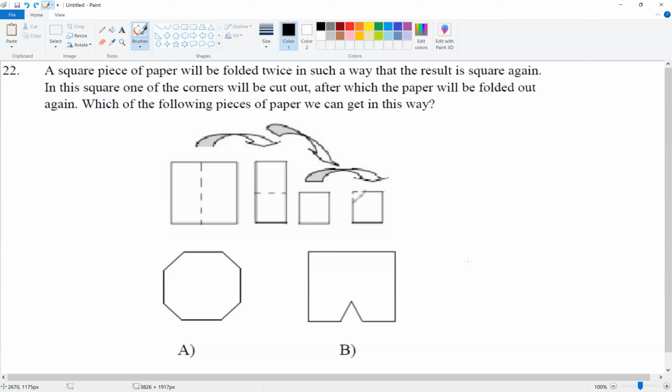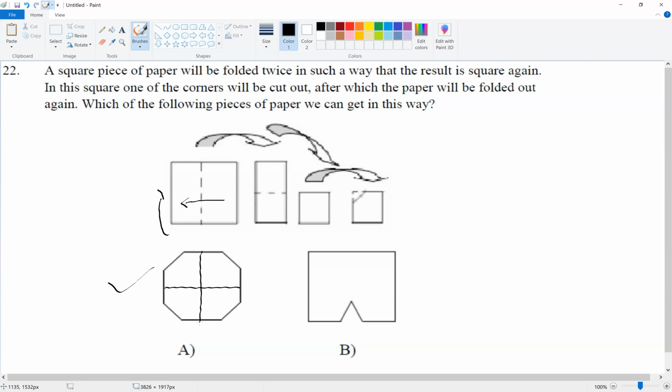So there are these two pictures. The question is, is there any way it could look like this or it could look like this? Okay. So if I fold it this way and this way, don't you think this will look like this? Yeah.